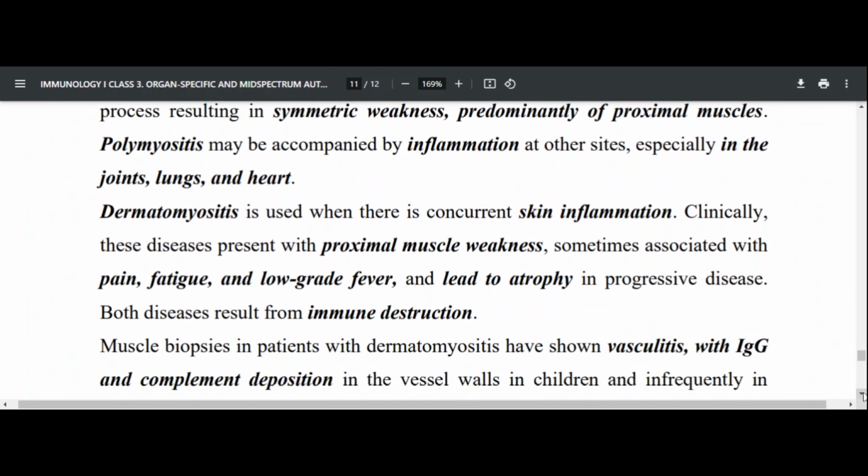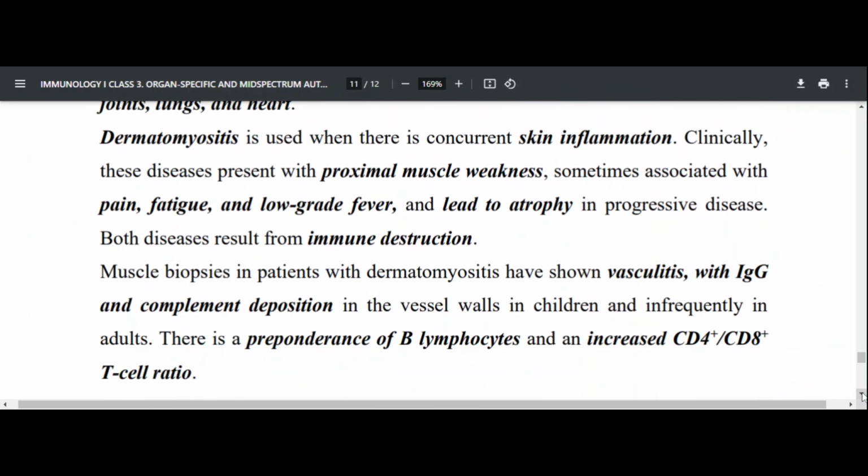In fact, of course, you could find different clinical manifestations, including pain, fatigue, and low-grade fever, but both of these diseases are associated with immune destruction. These are the antibodies that are destroying different organs, including skin and collagen tissues.